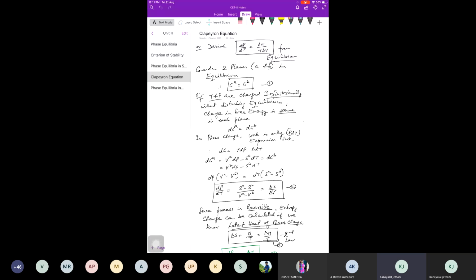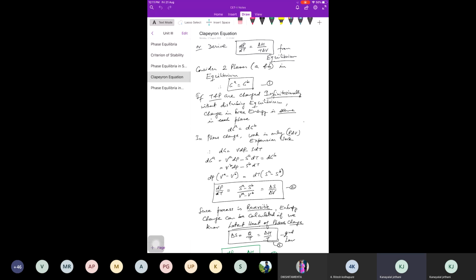So in phase change, work is only expansion work. So we can write dG is equal to VdP minus SdT, that we know from our derivations before. So for each phase we can write dGA is equal to VA dP minus SA dT, and that is equal to dGB is equal to VB dP minus SB dT. Right?